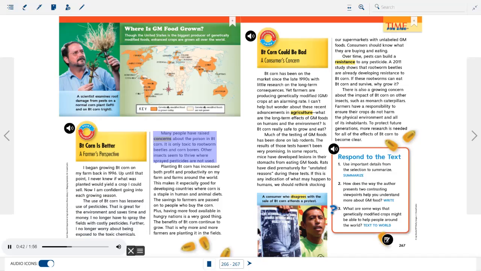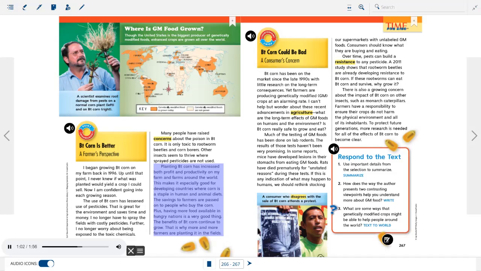Many people have raised concerns about the poison in Bt corn. It is only toxic to rootworm beetles and corn borers. Other insects seem to thrive where sprayed pesticides are not used. Planting Bt corn has increased both profit and productivity on my farm and farms around the world.